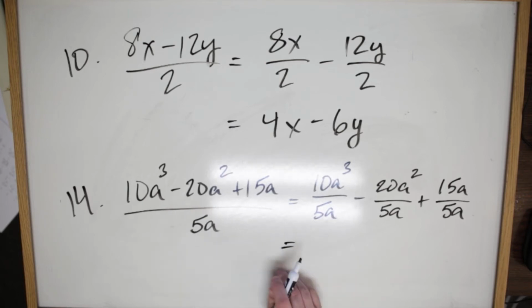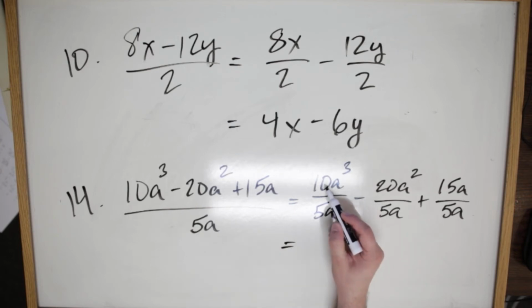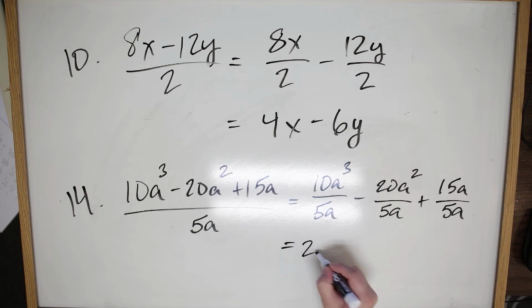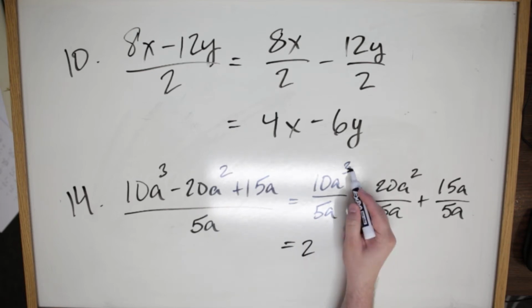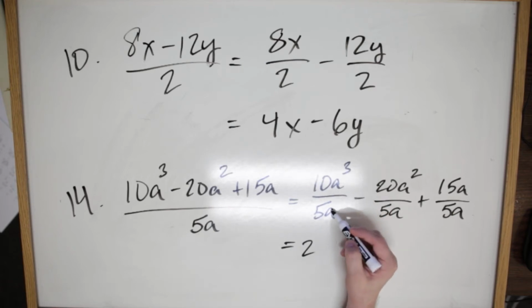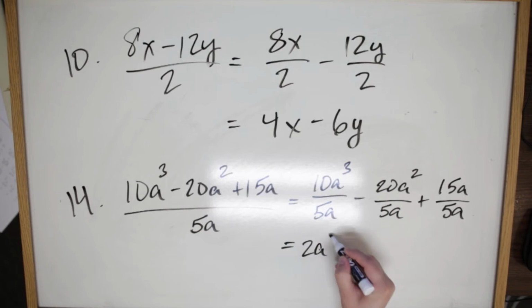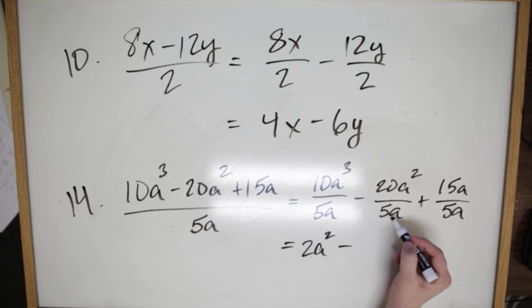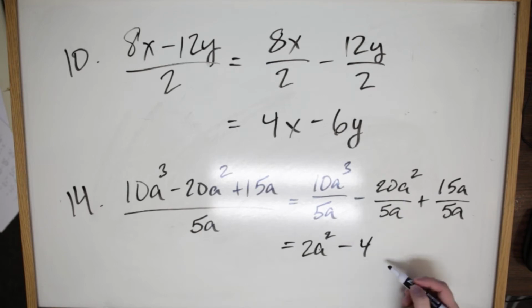And as a result, what we find is that, first let's just do the coefficients. So 10 divided by 5 is going to be 2. A cubed, so a to the 3 minus 1, because this is in the denominator, is going to mean we get a squared. 20 divided by 5 is 4.